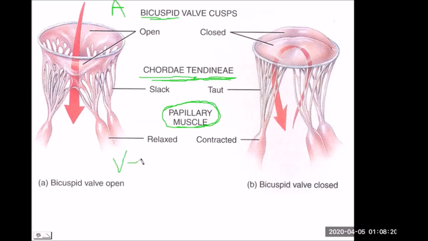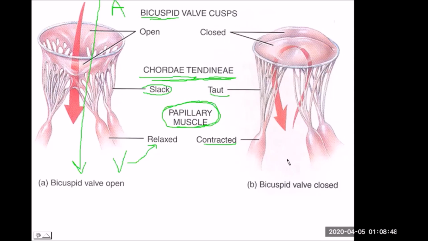And when the muscle in the ventricle is relaxed, the tension on the chordae tendineae is relaxed, and the pressure and force of blood can and does travel down through the open AV valves into the ventricles. However, when the ventricles are now contracted, the papillary muscles contract, putting tension on the chordae tendineae.